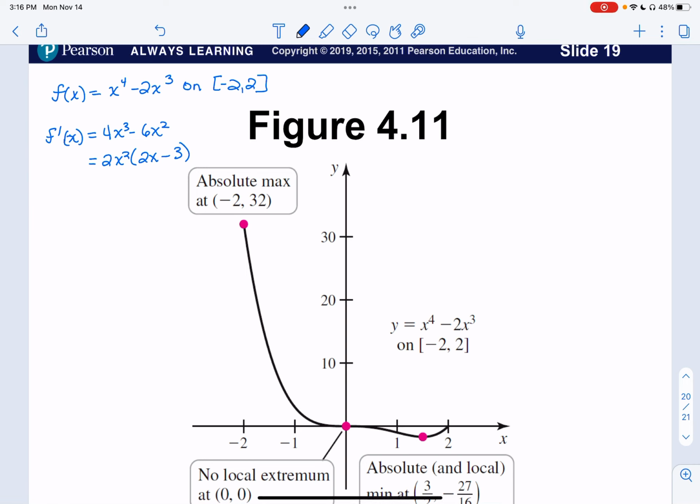So if I want to evaluate when that derivative is 0, I'm going to say f prime of x equals 2x squared times the quantity 2x minus 3 is equal to 0, which means I want to look at when 2x squared equals 0 and when 2x minus 3 equals 0. So I want to look at when x equals 0 and when x equals 3 halves.